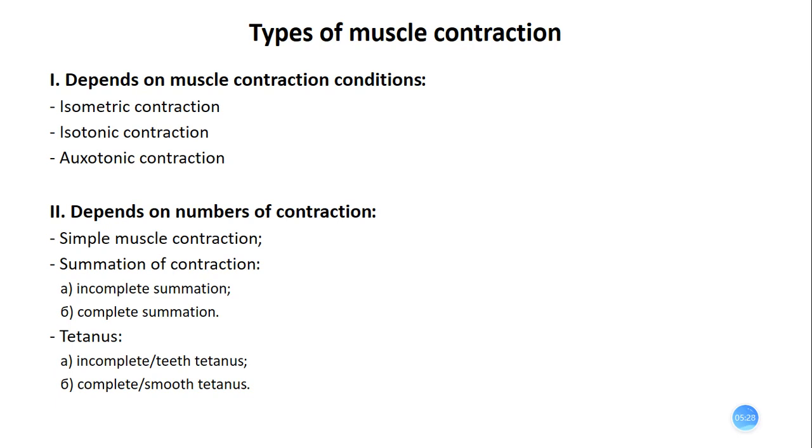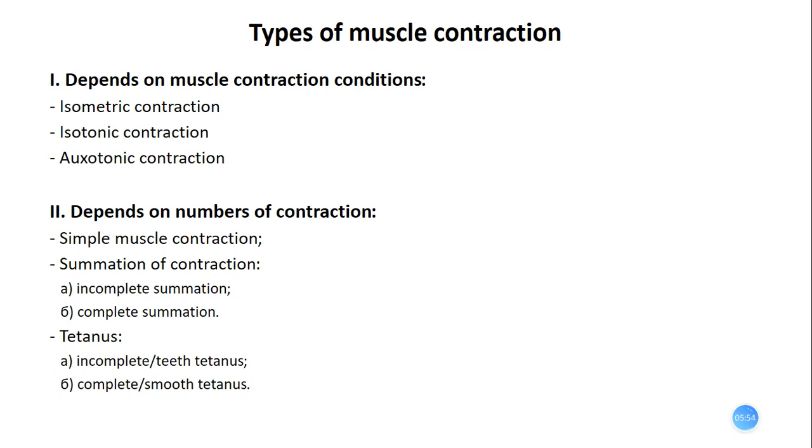And then you have isotonic contraction, and it's the opposite of isometric. It's again a type of muscular contraction in which the tension always remains the same, but the length of the muscle fiber is changed or altered.